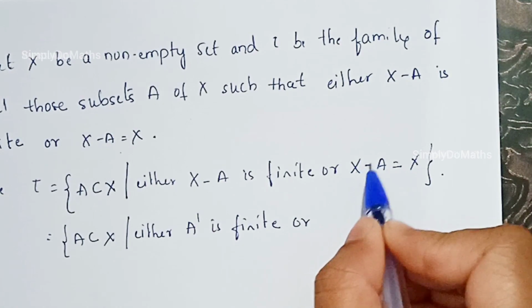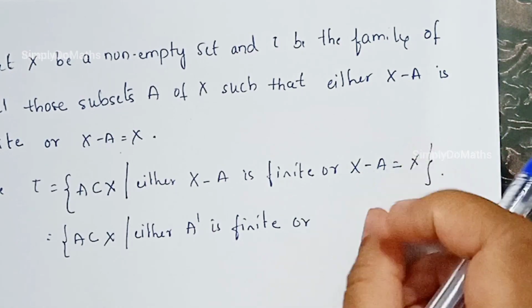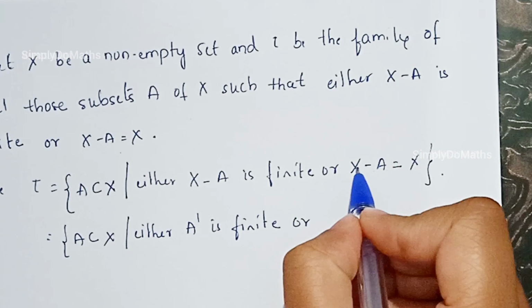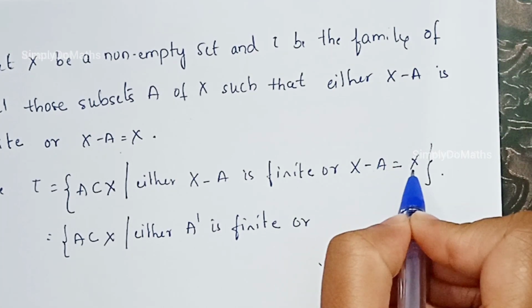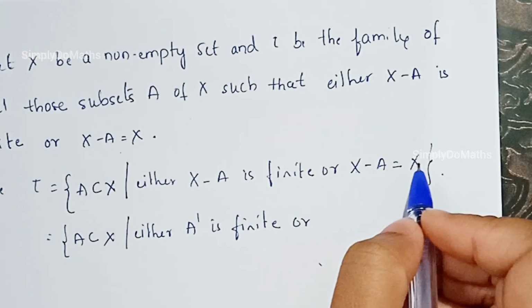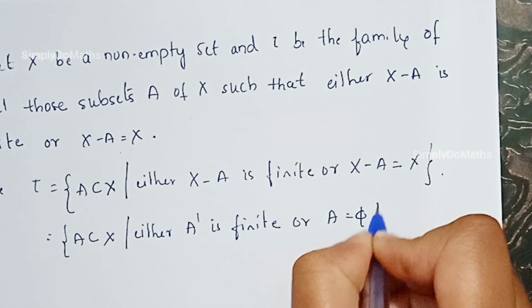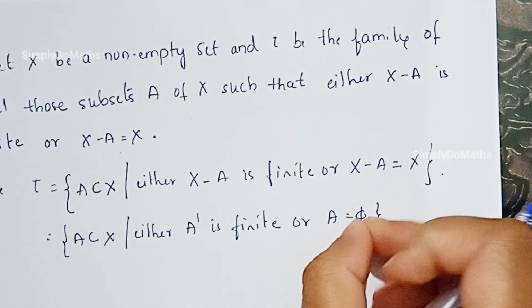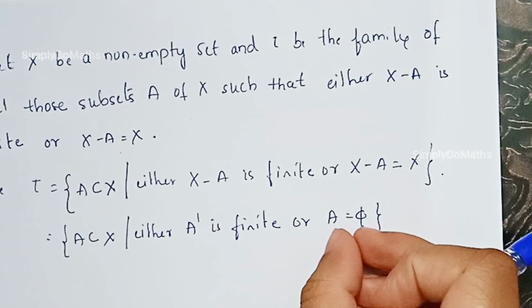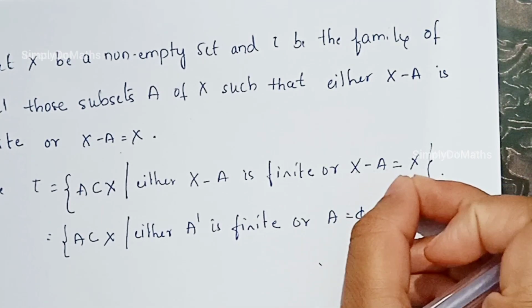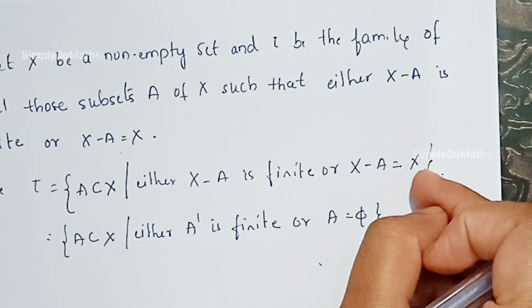Here whenever we subtract any set from X, we should get X itself. It will be obtained whenever the value of A is empty. If we subtract any nonempty quantity from X, then we will not get a complete X itself, right?